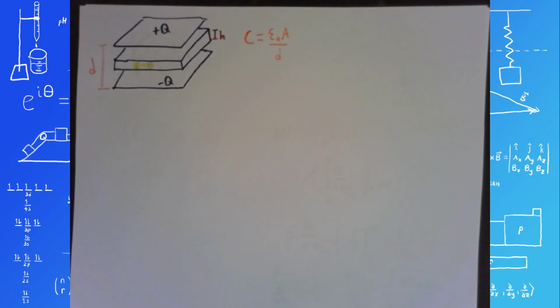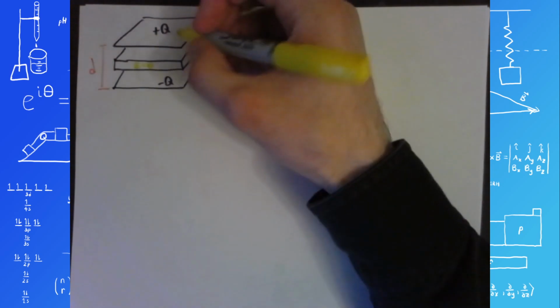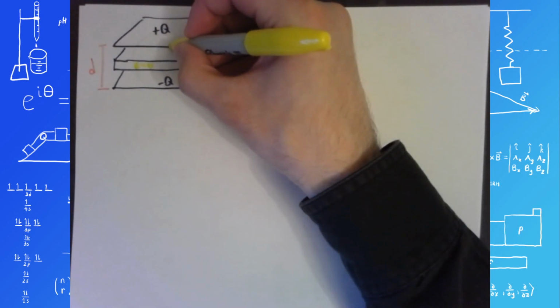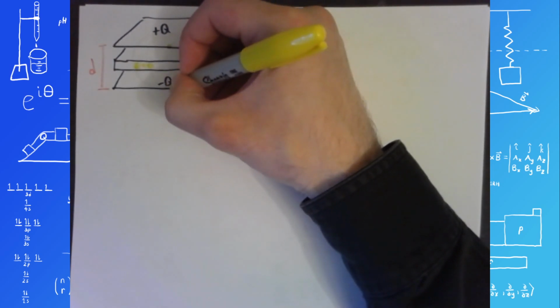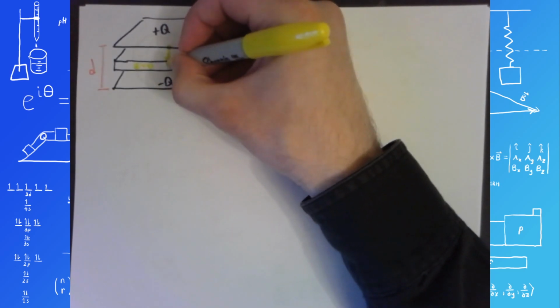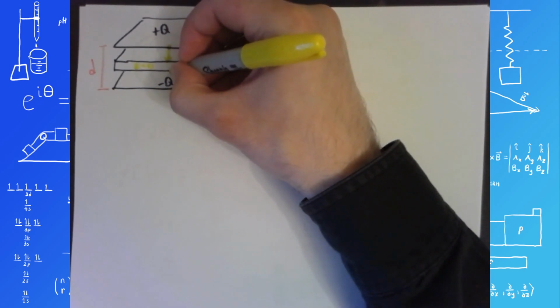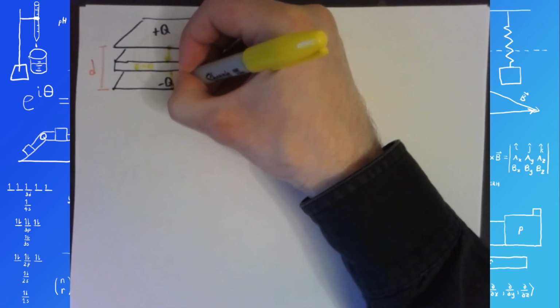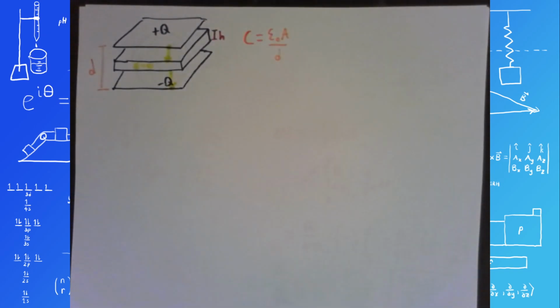And what that does for us is it interrupts our integral when we're calculating the change in voltage between the top plate and the bottom plate. Because now you've got electric field here, and then nothing, and then the electric field continues down here. So essentially, what this is doing is it's changing our voltage.